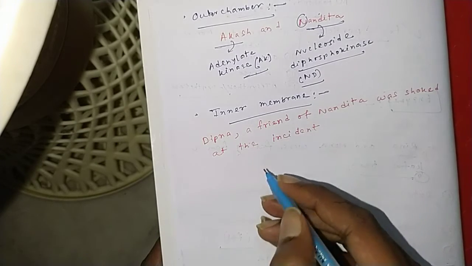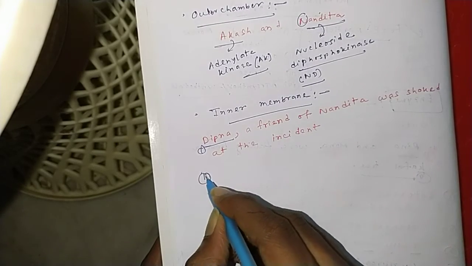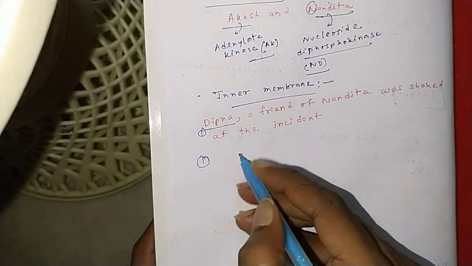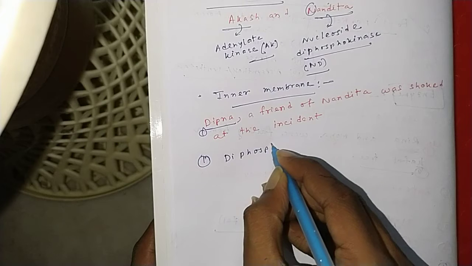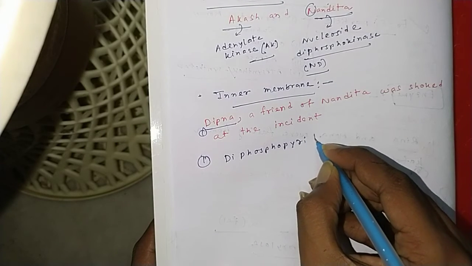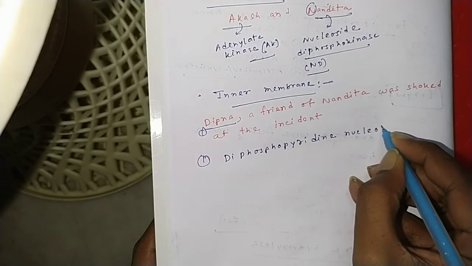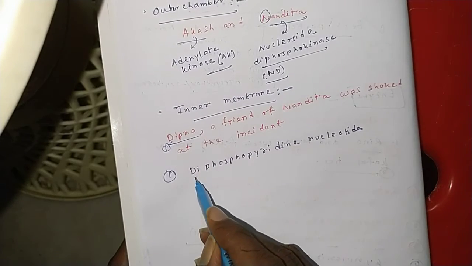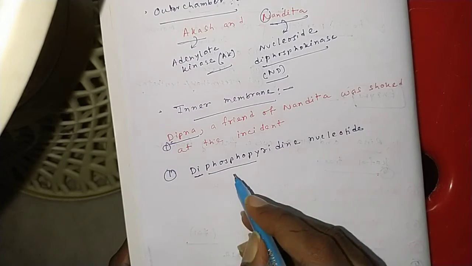Let us see how it can help us to remember the enzymes that are present in the inner membrane. First of all, the first one is Dipna, and it means diphosphopyridine nucleotide.